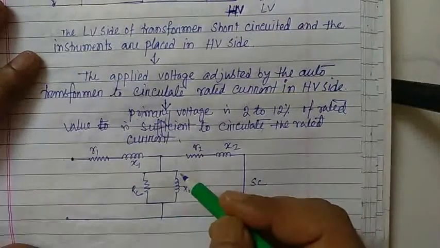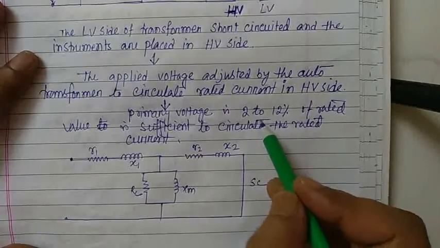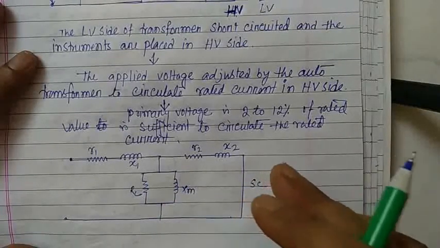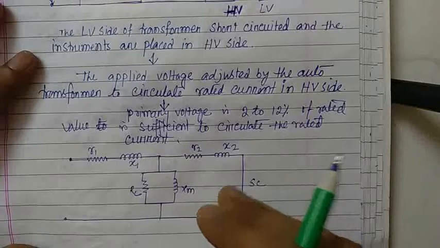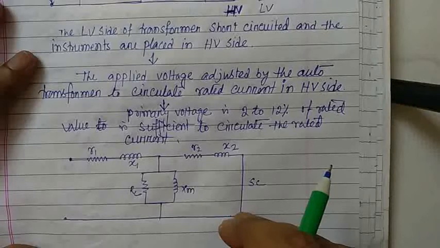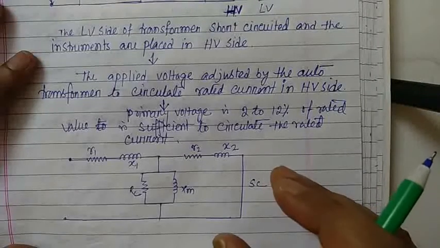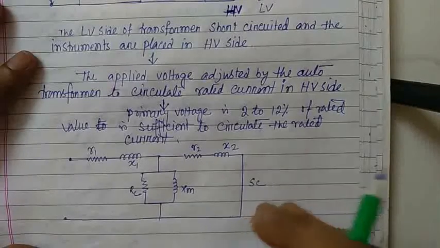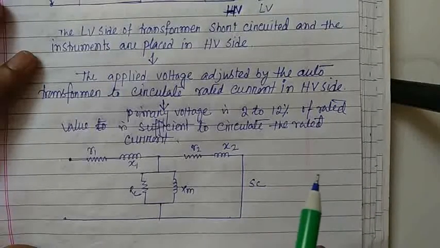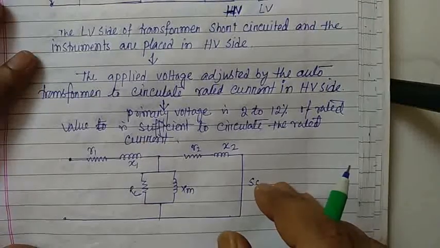Now about half of the applied voltage, that is 1 to 6%, appears across the secondary leakage impedance. Therefore the voltage appearing across the exciting branch is 1 to 6%. The core flux induces a voltage whose value is 1 to 6% also.